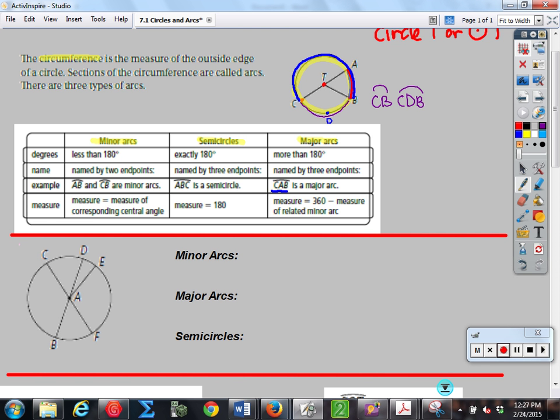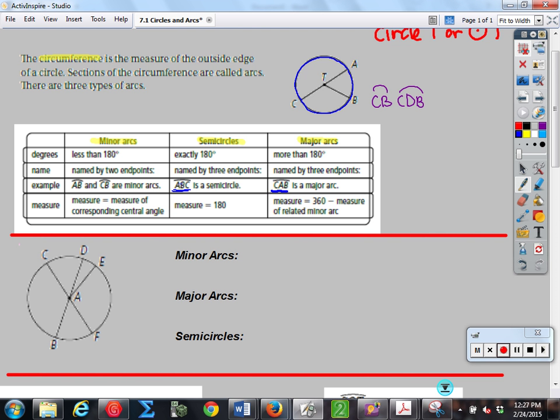Arc AC would be from A and C as the endpoints of arc AC. So you look at this. Arc AC could be 2 different things. It could either be going this way, or it could be going this way, because it's a semicircle. So that's why on a semicircle you have to include another letter so you know which part you're doing.